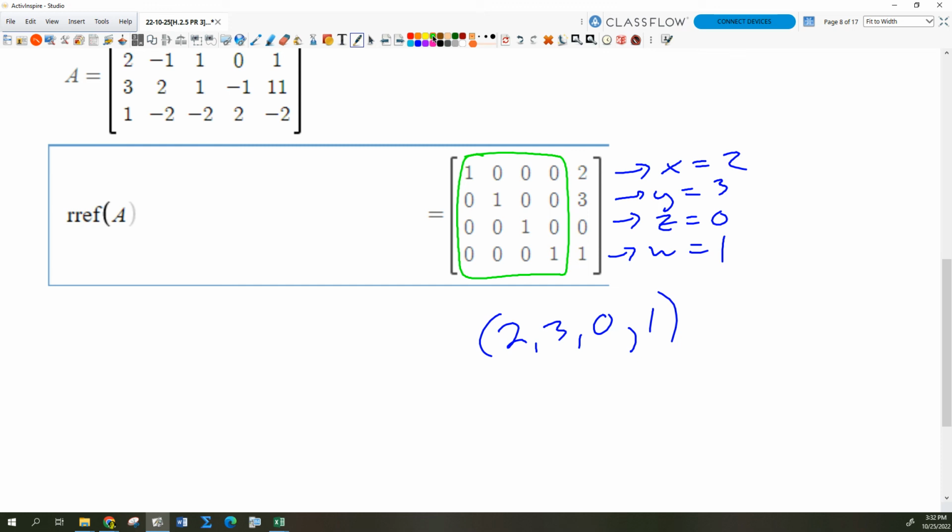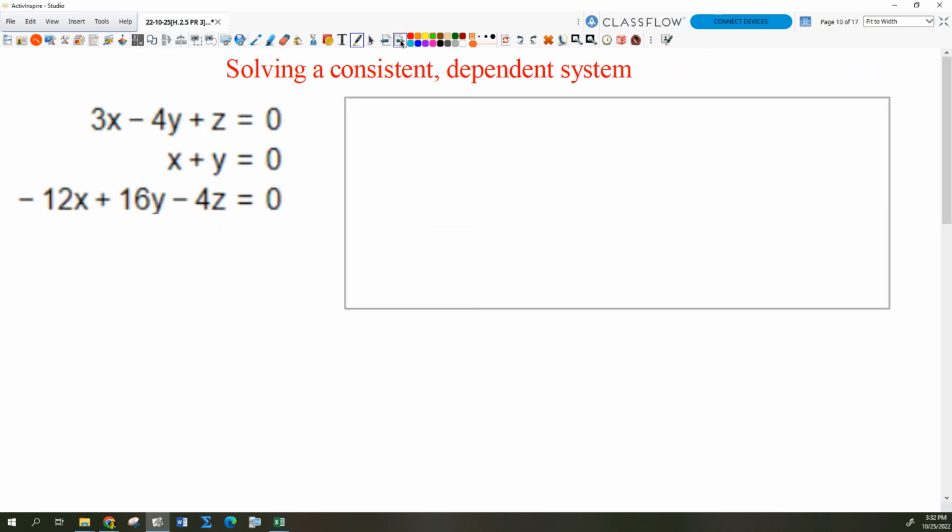If I multiply this matrix times any compatible matrix, it's going to leave it the same. But more importantly, it's giving me solutions for X, Y, Z, and W. If I don't see that descending diagonal of 1s and the rest 0s, then I know it's an oddball solution, like this one.